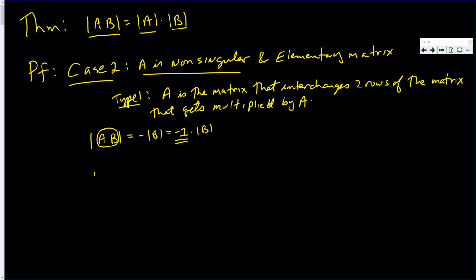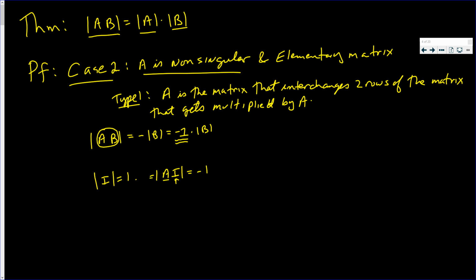Now, the determinant of I is 1. The determinant of A times I, since A just interchanged 2 rows, is going to be negative 1.